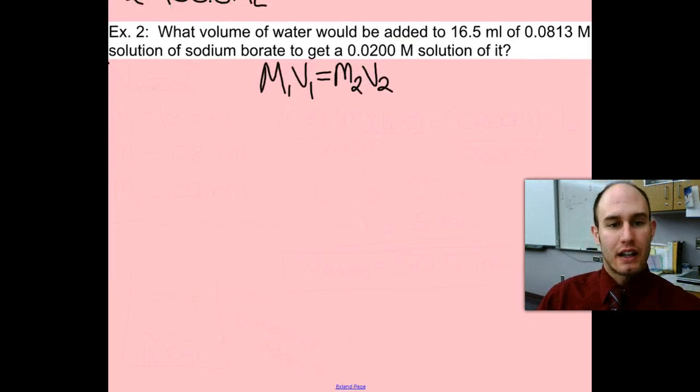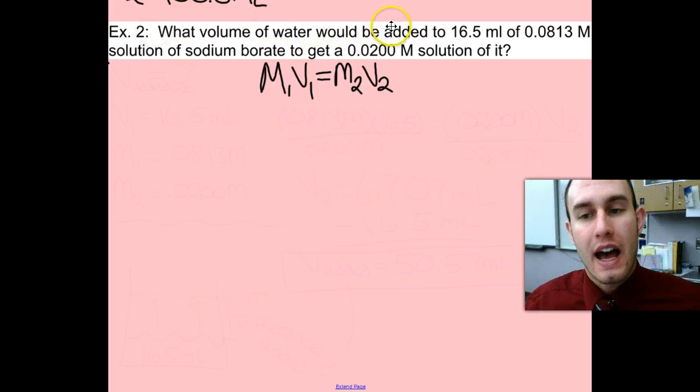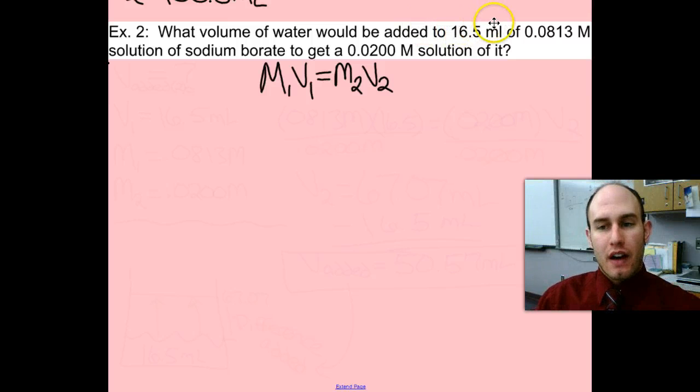Let's go ahead and look at a second dilution problem. We're asked to find what volume of water would be added. Now this is a little different because it's asking how much would I add to a 16.5 milliliter solution of 0.0813 molar solution of sodium borate to get a new molarity of 0.02.